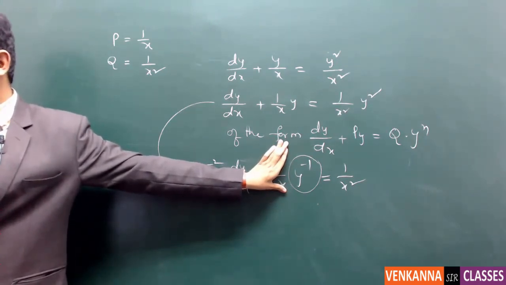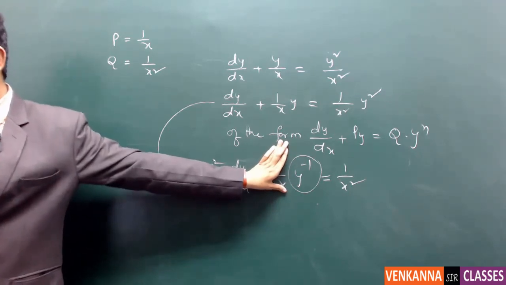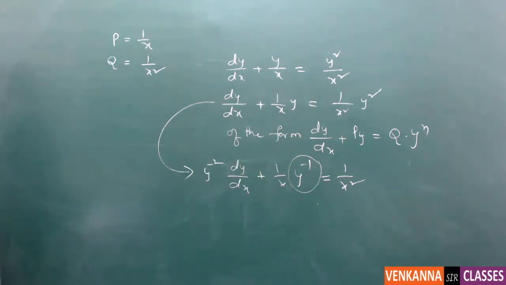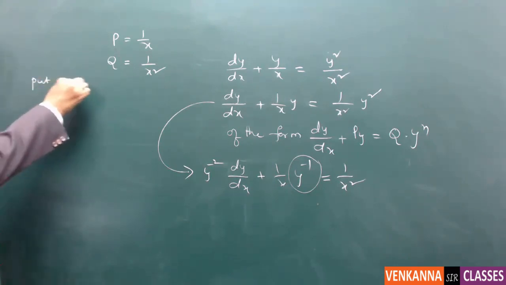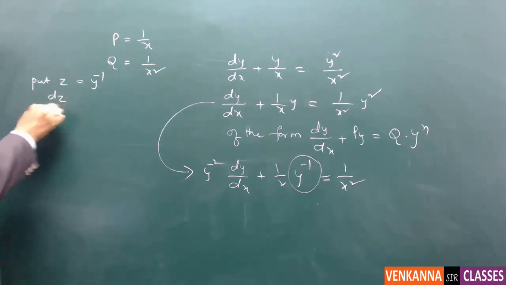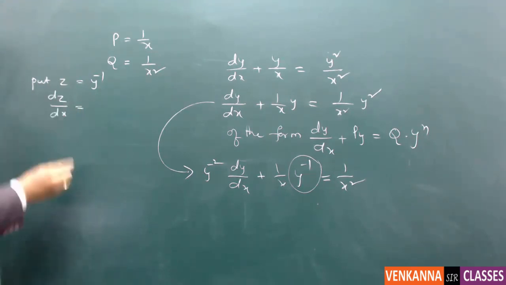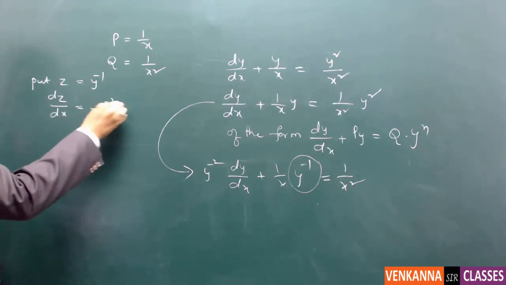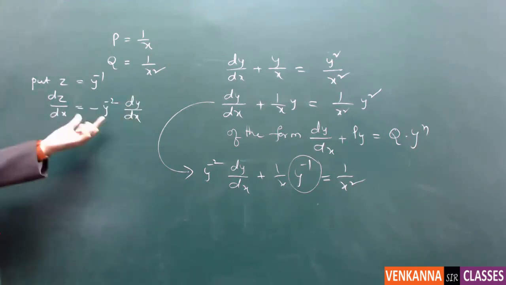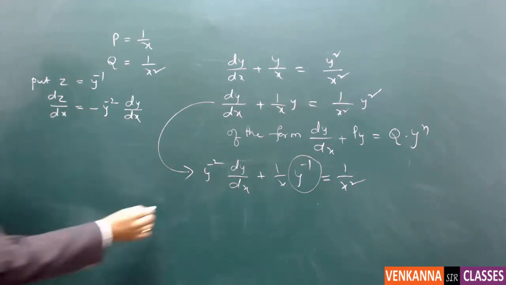For my convenience, I am using z. So put z is equal to y power minus 1. If you differentiate, dz by dx is equal to minus y power minus 2 into dy by dx.